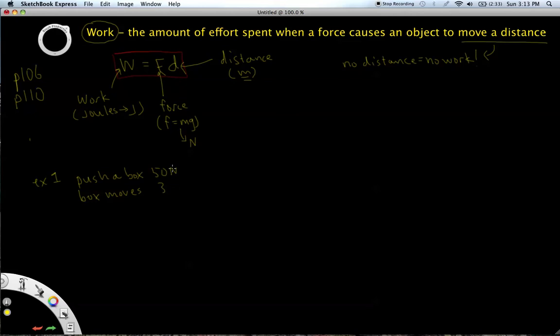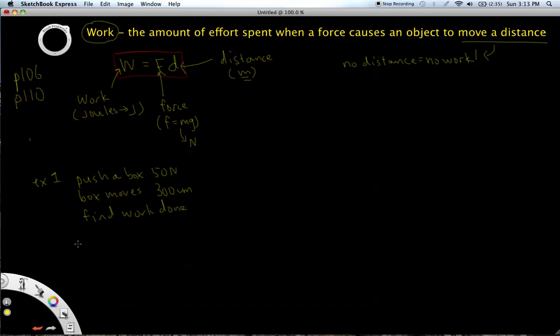Actually, let's switch it up. Let's say this box moves 300 centimeters. Now you want to calculate, so let's say find work, or find work done.